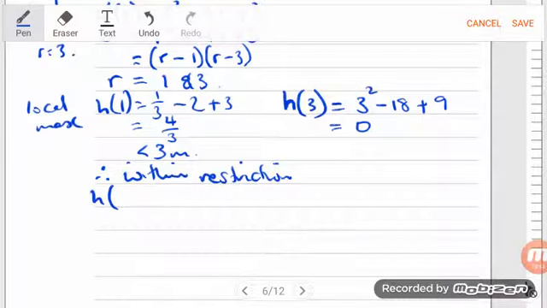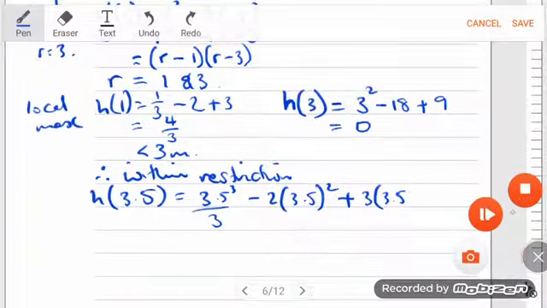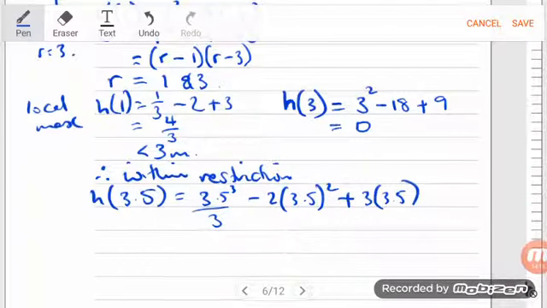So height at 3.5, because it's going back up, times 3.5 squared plus 3 times, which should be 0.29166, blah blah blah, if you use your calculator.